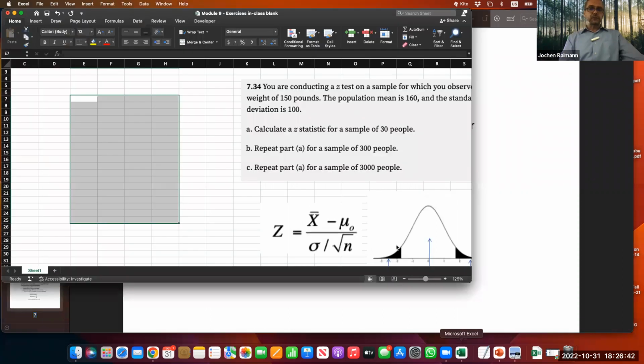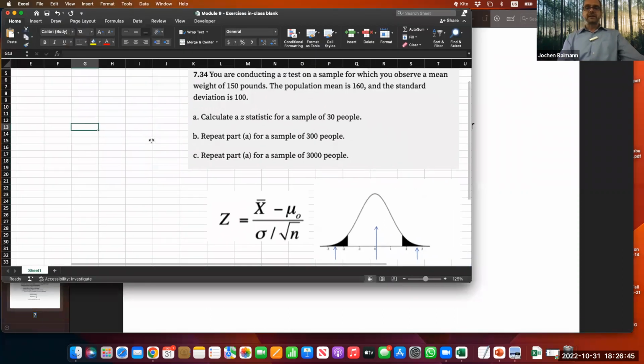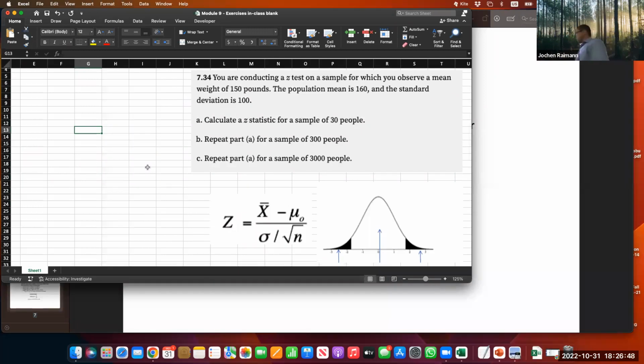And to illustrate this also arithmetically, you remember that example we did last time. You conduct a test on a sample for which you observe a mean weight of 150 pounds. The population mean is 160, and the standard deviation is 100. So you want to do a test, and we've done that last time. Essentially what you do, you use this formula and you see whether the standardization of this difference, the numerator, is the difference between the sample mean and the population mean, and you standardize it by the standard error of the mean, which is standard deviation divided by the square root of n.